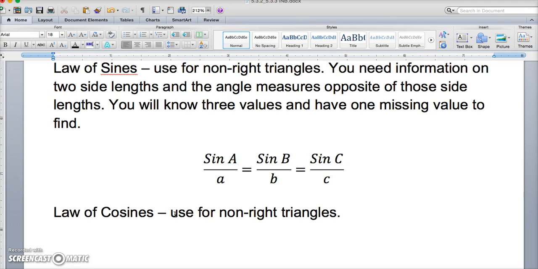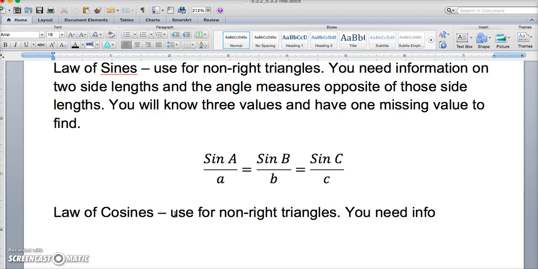This is derived from the Pythagorean theorem, so you should be able to recognize some things about the Pythagorean theorem in the law of cosines. And as you're going through today's activity, keep that in mind, that it's derived from the Pythagorean theorem. So that'll help you get through the work.